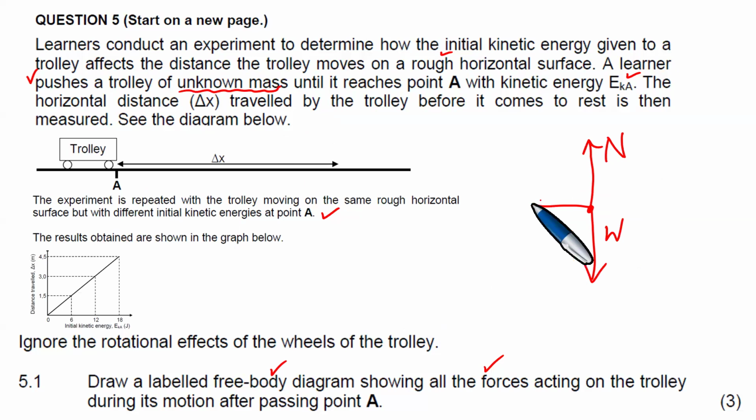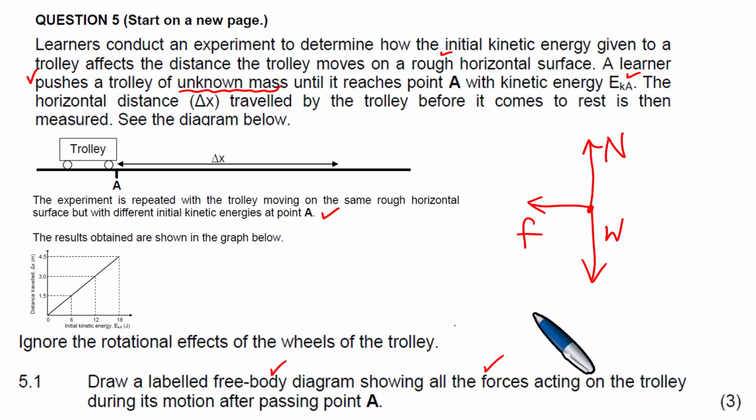Moreover, we have the friction force that is in the opposite direction. So these are the forces acting on the trolley during its motion after passing point A.